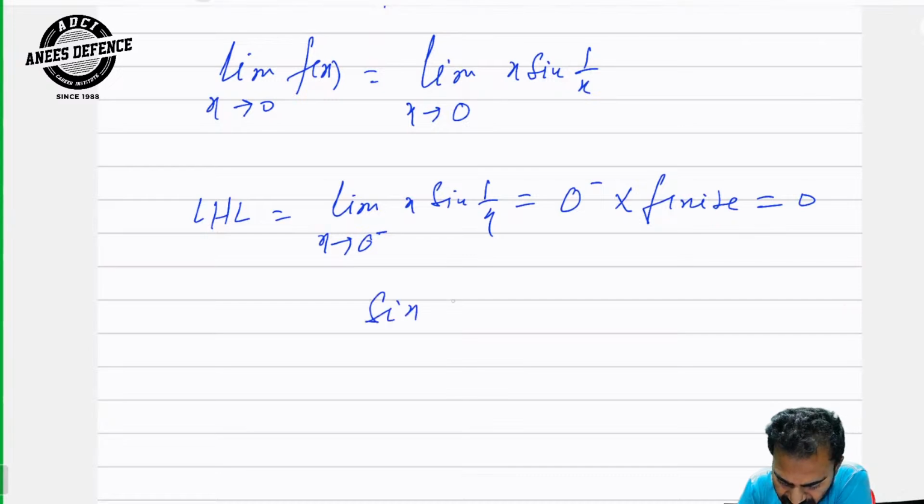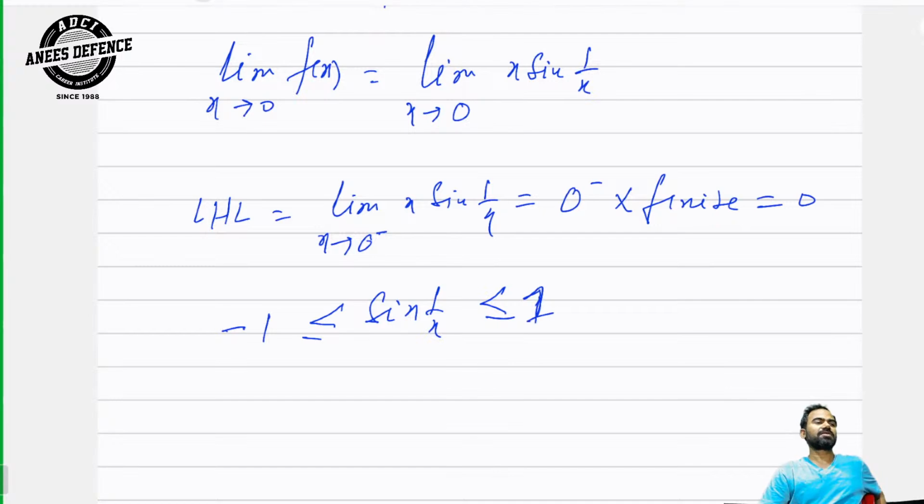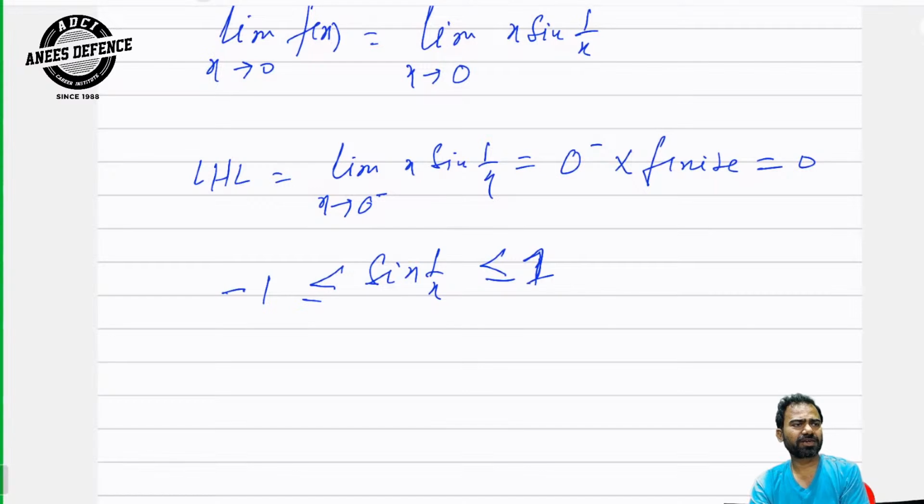I say finite because sine 1 by x always lies between -1 to 1, whatever the value of x, because x is not 0 here. Sine value always lies between -1 and 1, which is finite. 0 into finite is 0.